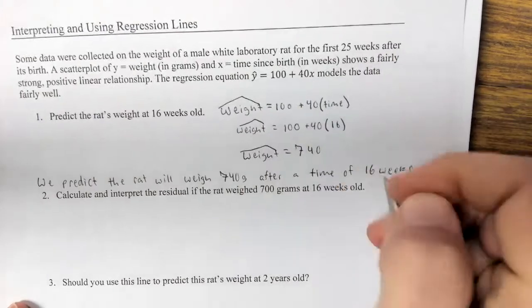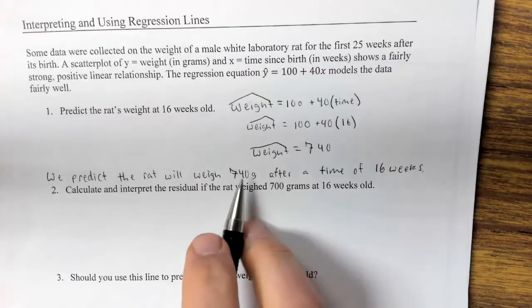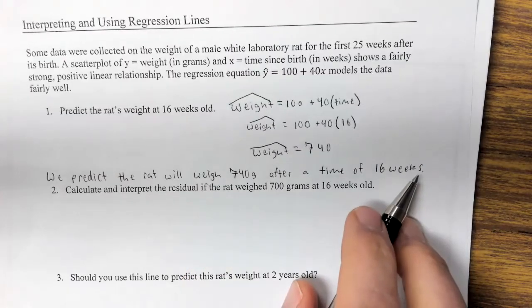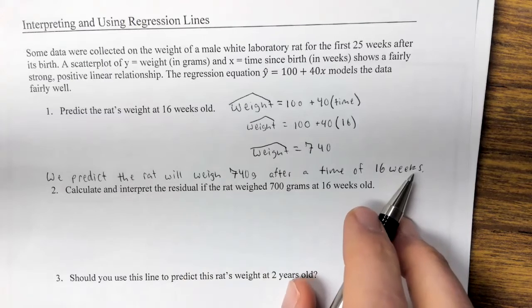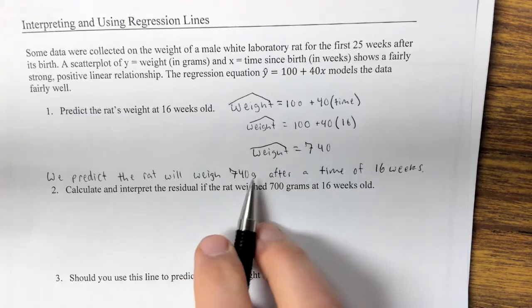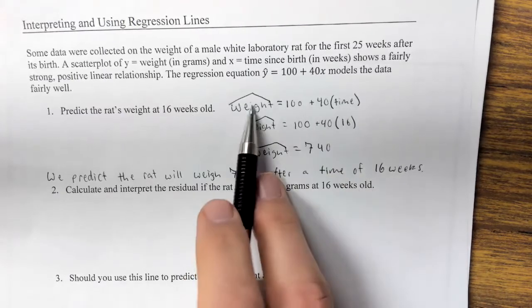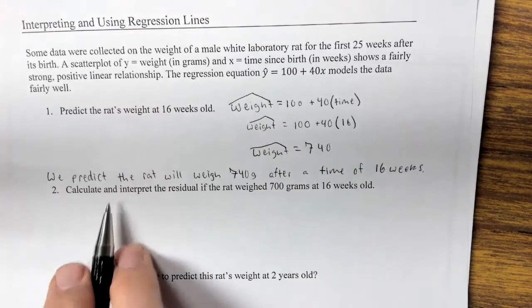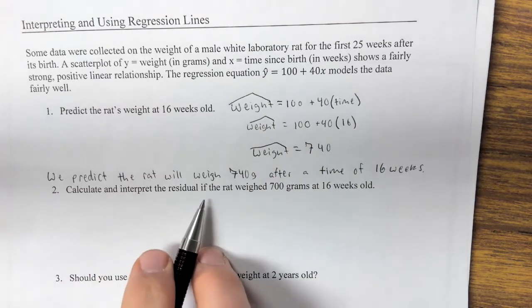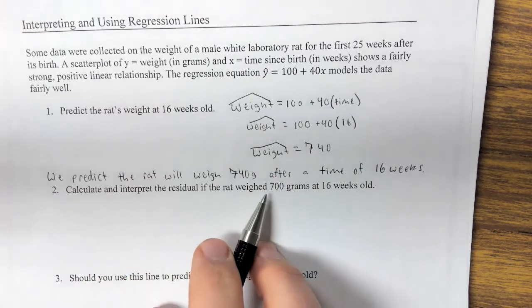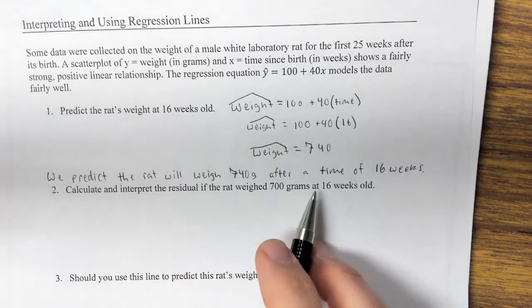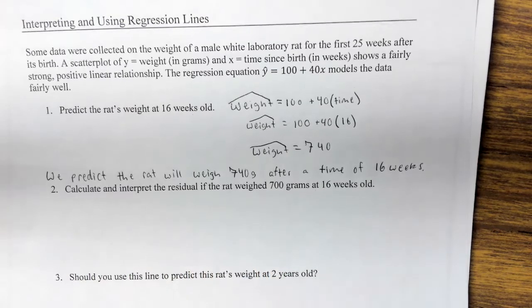In that interpretation statement, we are including the units and some context to our situation. I included the grams and the weeks for time and weight. Okay. So calculate and interpret the residual if the rat actually weighed 700 grams at 16 weeks old.